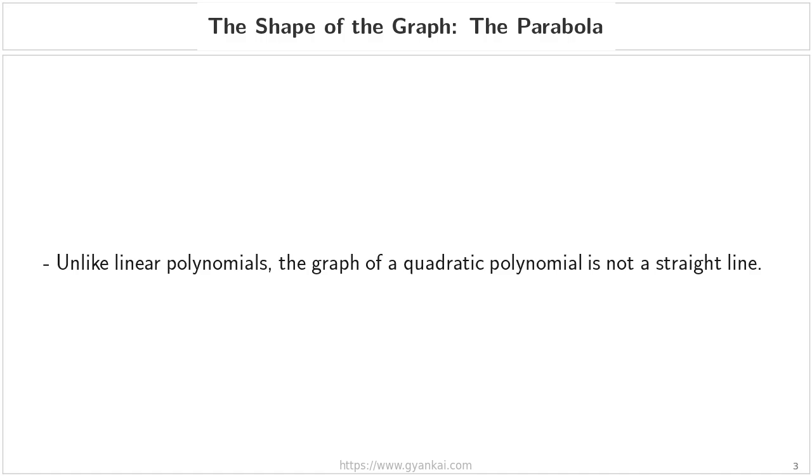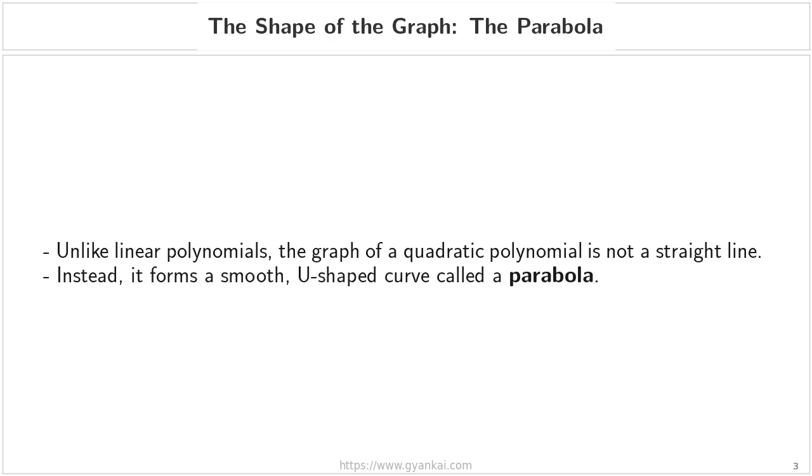Now that we have defined what a quadratic polynomial looks like algebraically, let's talk about what it actually looks like when we plot it on a graph. Unlike the linear polynomials we studied in the previous section, which always result in a straight line, the graph of a quadratic polynomial is much more dynamic. Instead of a straight path, it forms a smooth, U-shaped curve known as a parabola.